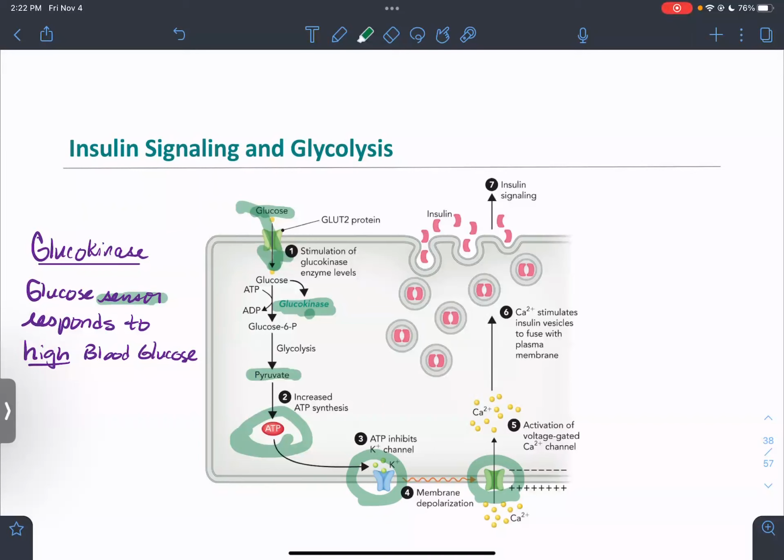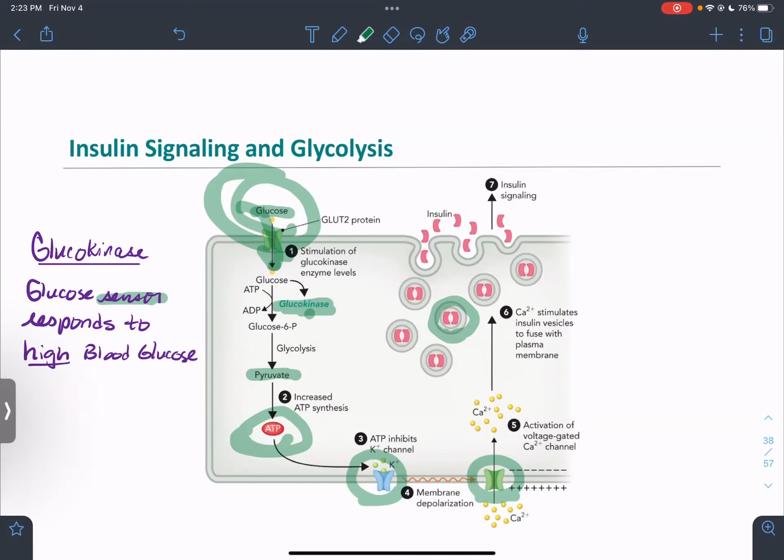So it's depolarized, so it's going to be open. Calcium is going to rush into the cell. That locally high concentration of calcium in the cytoplasm is going to stimulate these vesicles. Now, these vesicles are filled with the hormone insulin. If you have those high levels of calcium, which means basically that you had high blood glucose levels, then these vesicles are going to merge with the membrane and the insulin will get pumped out into the bloodstream.